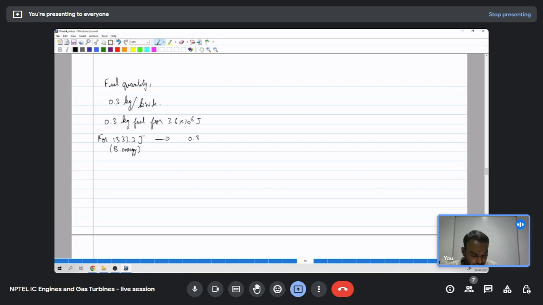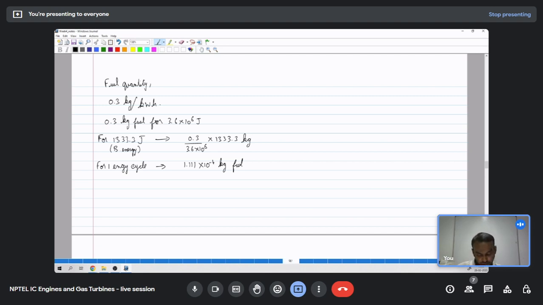So that is 0.3 divided by 3.6 into 10 power 6, into 1333.3. So that is 1.111 into 10 power minus 4 kg for one engine cycle. This is the fuel requirement.